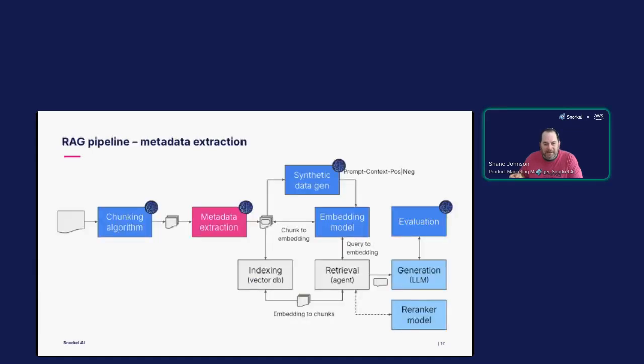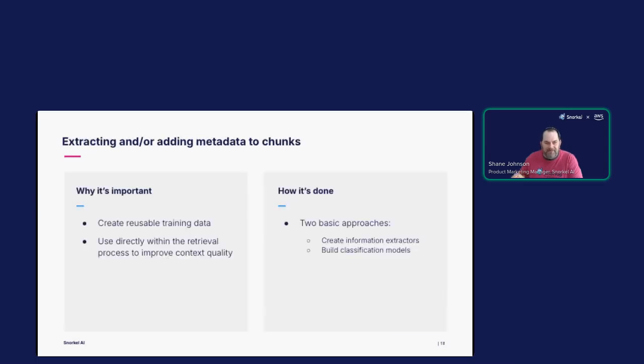The next piece is metadata extraction, which I would say is one that a lot of folks probably don't think about, and you probably haven't seen in similar diagrams before, but we found to be extremely valuable. And the idea is that you might have a chunk of text, but there's value if we can extract metadata about that text.